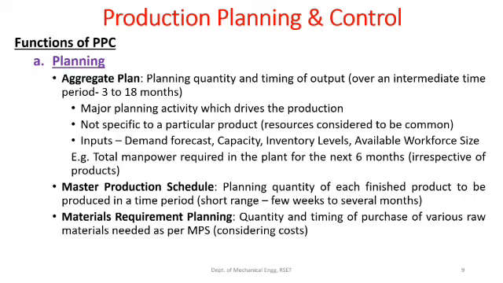So these are the different kinds of planning that are done as a part of production planning and control. It starts off with a business plan, then you specify the aggregate plan, a master production schedule, and a materials requirement plan.